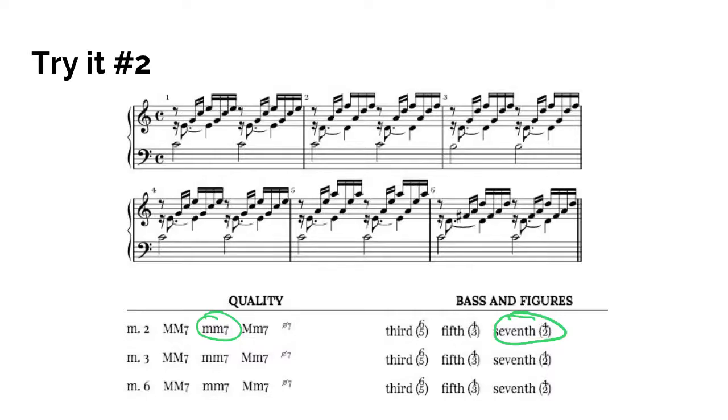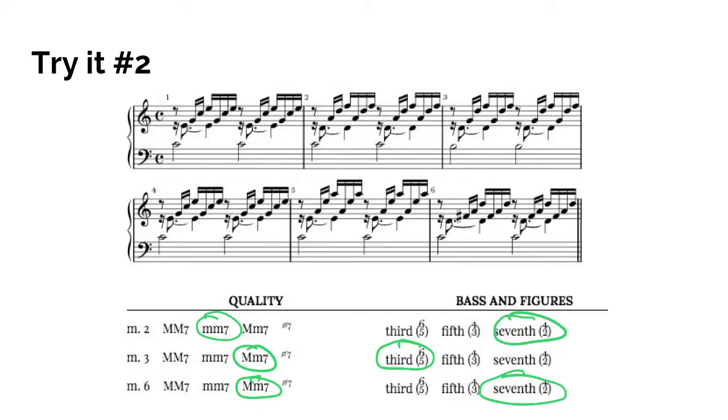Measure 3, we have a major minor 7 chord, and we have a 6-5 chord, which is our first inversion. And then measure 6, we have another major minor 7, and this is in third inversion.